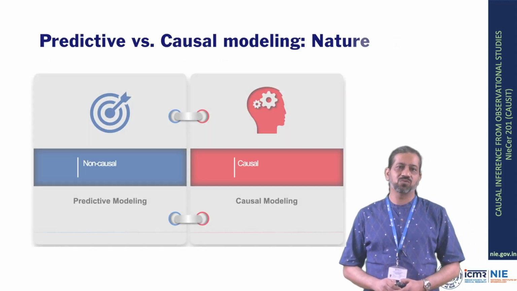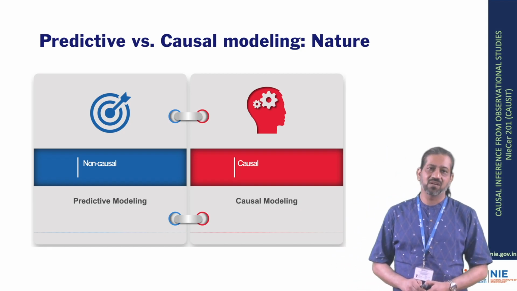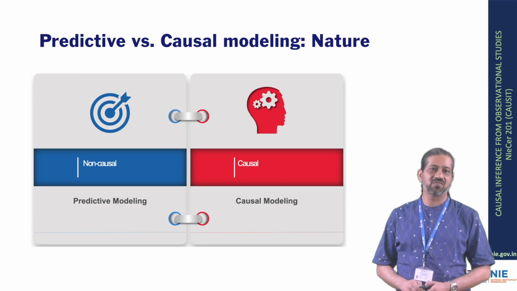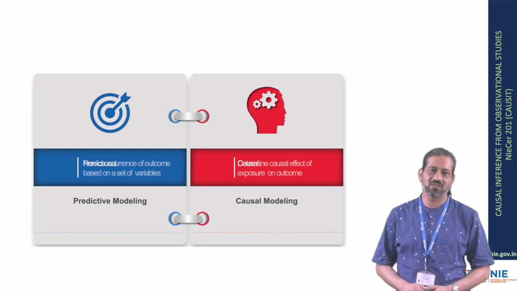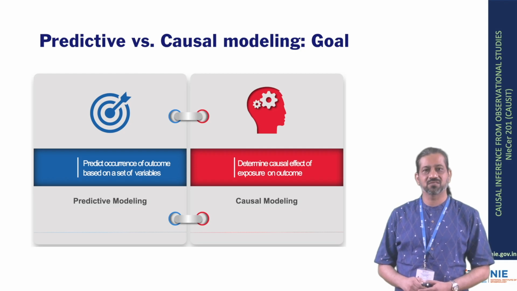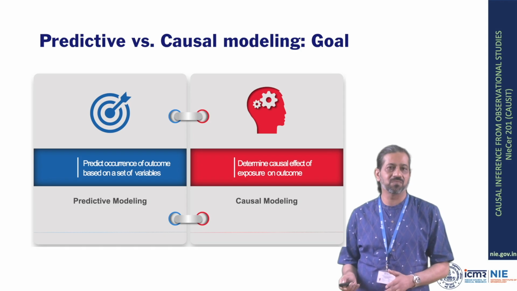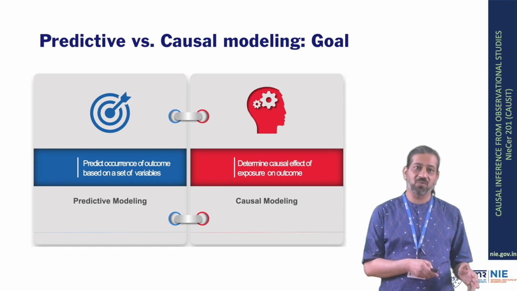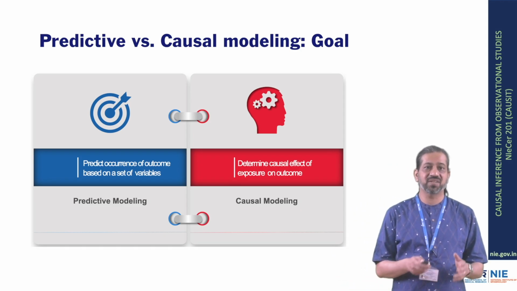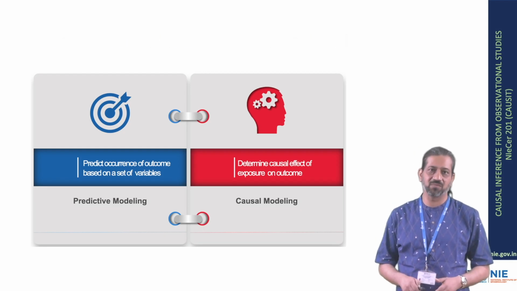If we look at the two models, causal modeling is causal in nature compared to predictive modeling, which is essentially non-causal. And hence, the goal of causal modeling is to determine the causal effect of the exposure on the outcome, vis-a-vis predictive modeling, where the goal is to predict the occurrence of an outcome based on a set of variables.